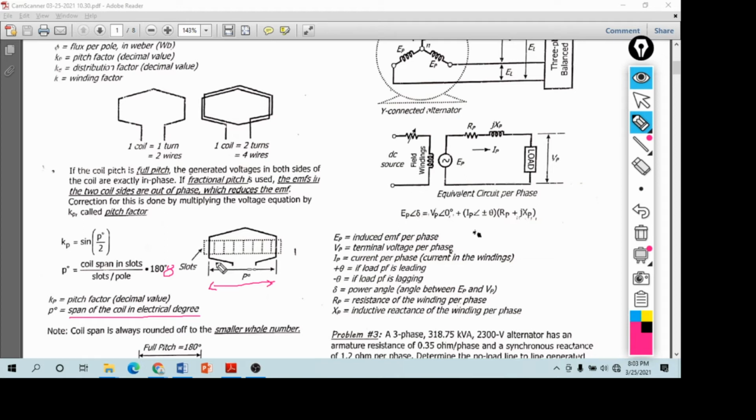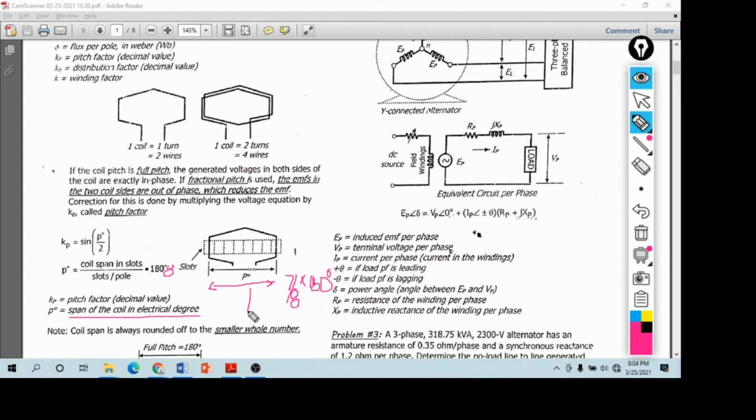What is the coil span in slots? So remember, there are 8 slots, but the span is this one. Do not start with this slot. Start with this one. 1, 2, 3, 4, 5, 6, 7. So meaning, the coil span in slots is 7. And there are 8 slots, so it is 7 over 8 multiplied by 180 degrees.